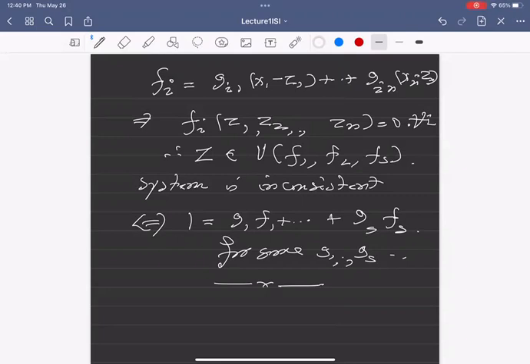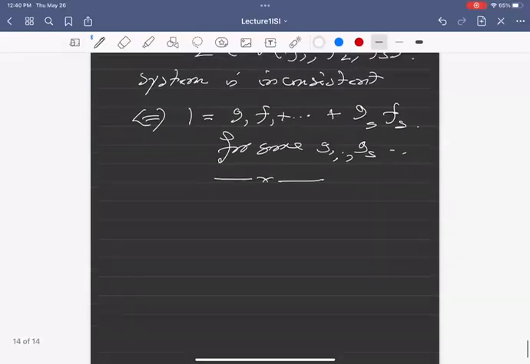We deduce this consistency criterion, whether a system of polynomial equations has a solution or not, using the weak Nullstellensatz. The weak Nullstellensatz gives us the structure of maximal ideals. That is, in the polynomial ring over the complex field, the maximal ideals are in one-to-one correspondence with points in Cn. So that is the weak Nullstellensatz.